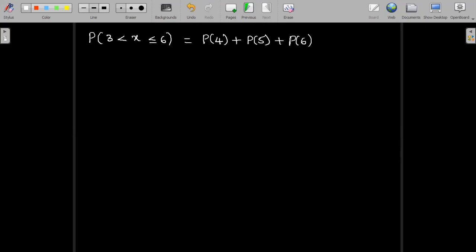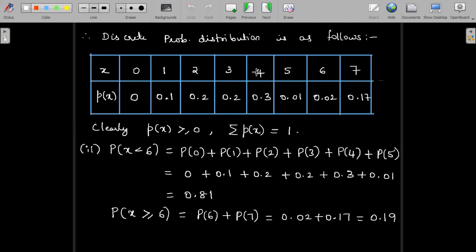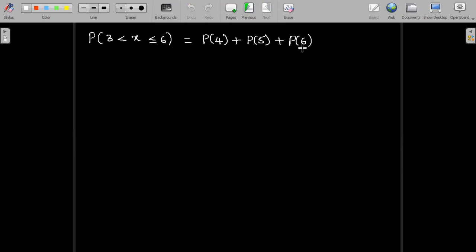That is because x greater than 3 means it is 4, 5, 6, 7, and less than or equal to 6 is the condition, so it is until only 6. So the probability of 4, 5 and 6. Probability of x equal to 4 is 0.3. Probability of x equal to 5 is 0.01. And then this is 0.02. So when we sum it up, the answer is 0.33.